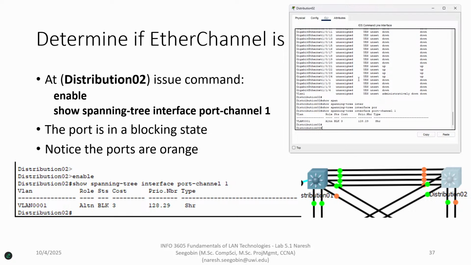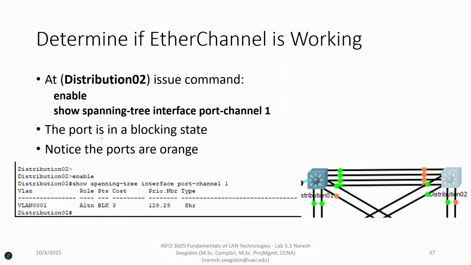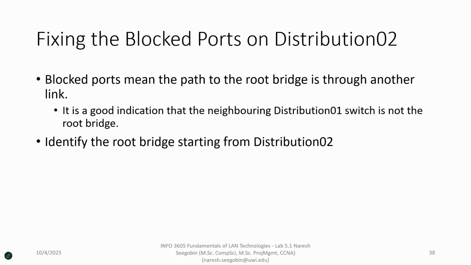Right, so alternate block state. Blocking state, notice ports are orange. We want traffic flowing between these two. Right, that changes.